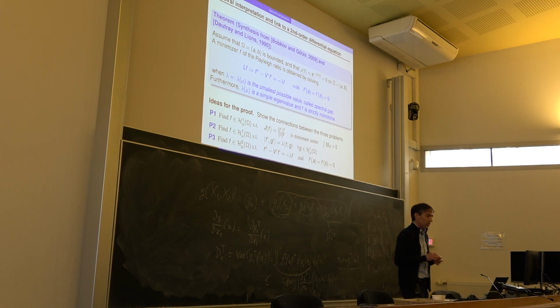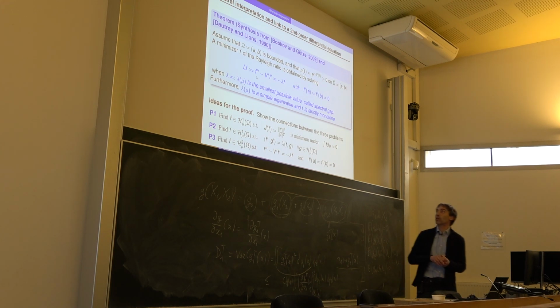So maybe I can just see the proof very quickly to see the link between the Rayleigh ratio and this operator. Because our problem is to minimize the Rayleigh ratio. And you see that you have second order derivatives here. So it's surprising in a way.